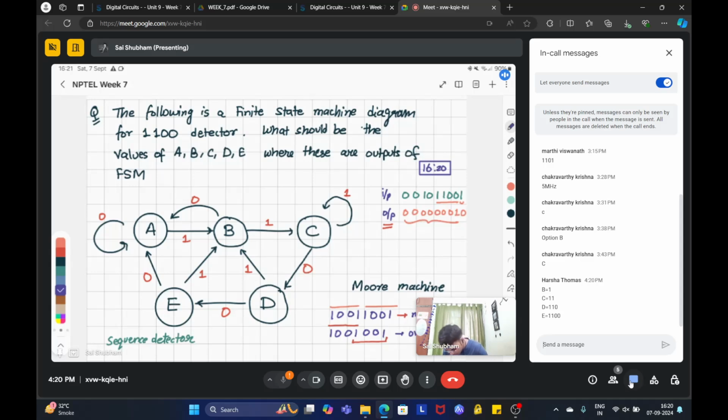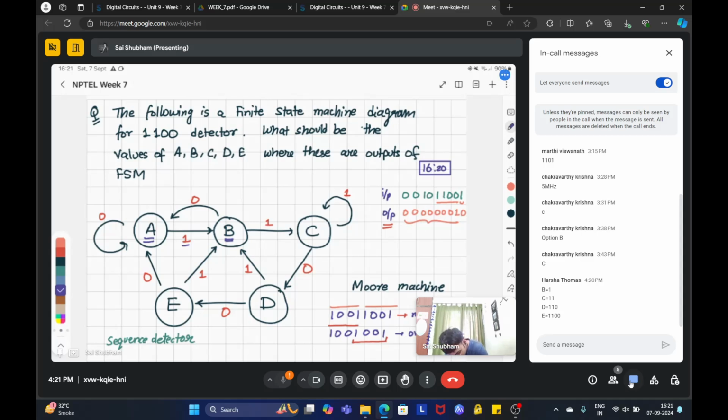Harsha, not exactly. What I am asking is, suppose this is my present state, state A. Whenever the input is 1, I move on to the next state B. Corresponding to B, there will be some output, a single output.